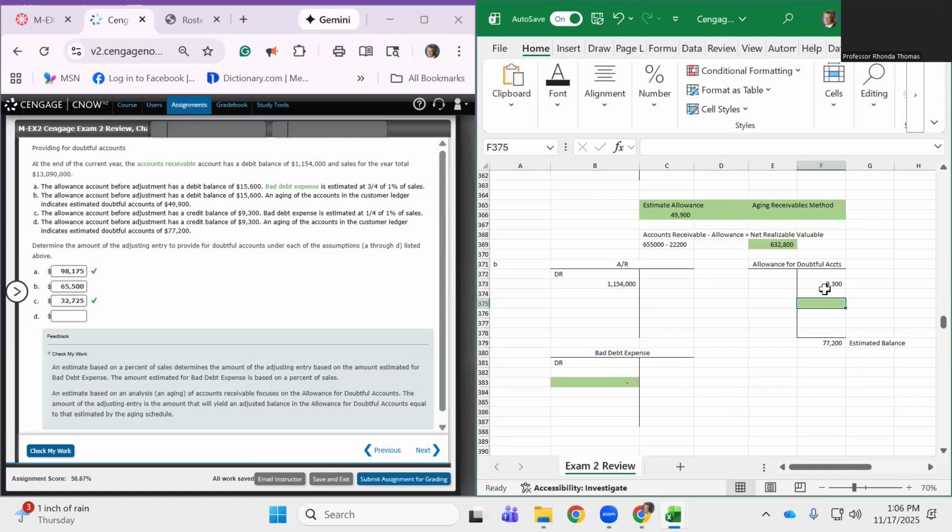So how much is already a credit? It's 9,300. So let's just subtract what's already there, and that becomes your adjusting entry. I got 67,900. Let's put that in. 67,900 should work. Yep. So this is your adjusting entry.